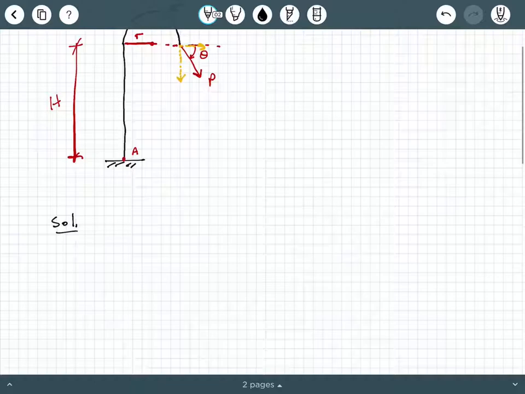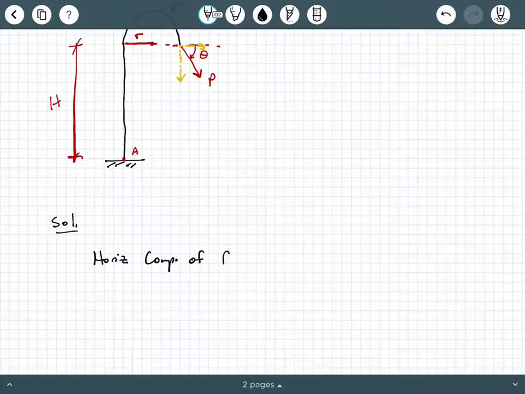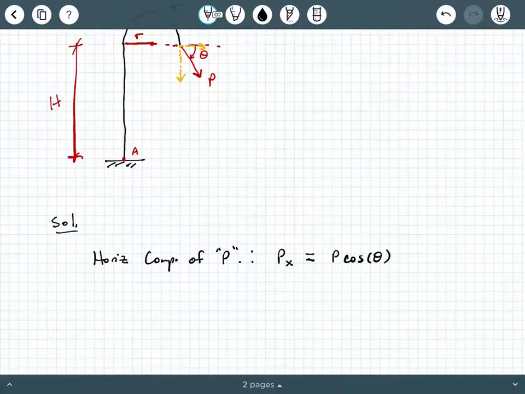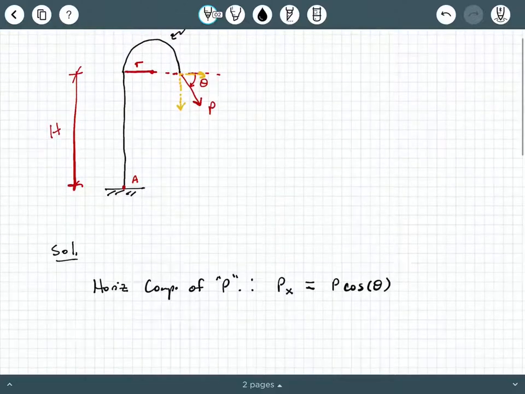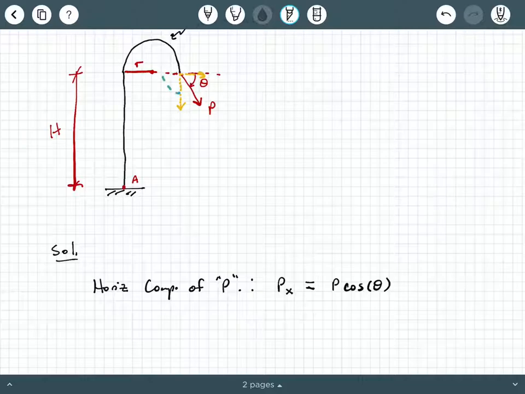So let's go to solution. The first thing I'm going to do is find the horizontal component of P. Why don't we call that P sub x? So P sub x equals P times the cosine of theta. The great thing about this is whether theta is between 0 and 90 degrees or theta has swung between 90 and 180 degrees, this cosine of theta will account for that sign change.